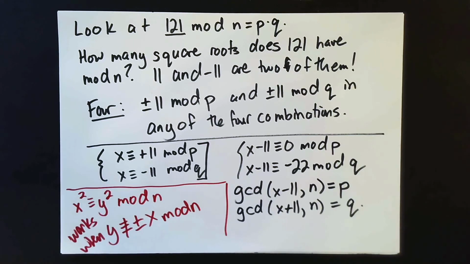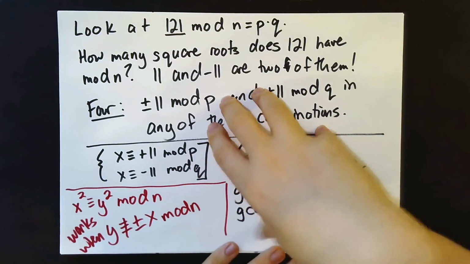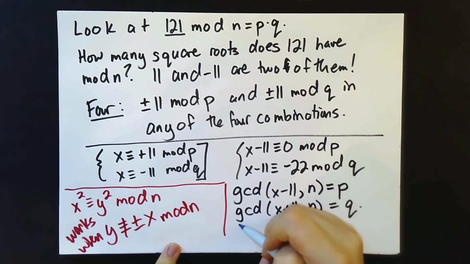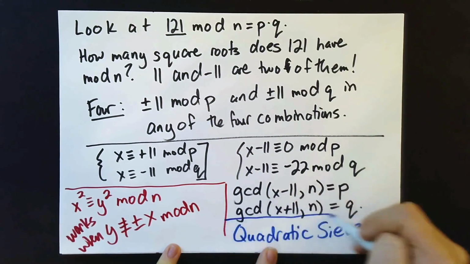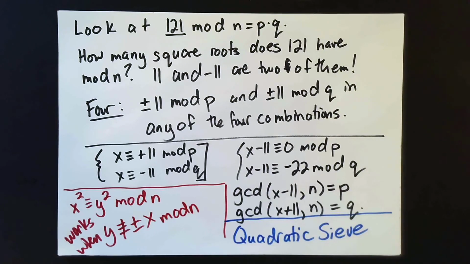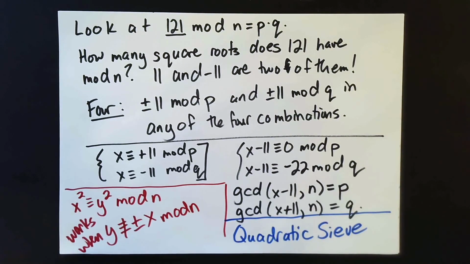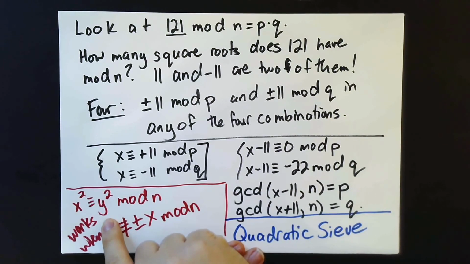But one of the reasons I bring this up is because the best factoring algorithms are based on this idea. And so, for example, you'll often hear me talk about the quadratic sieve, because it's probably the best factoring algorithm that we know for applying to big numbers. And the quadratic sieve is essentially a combination of really three tricks to help you find pairs of x and y that square to the same thing.